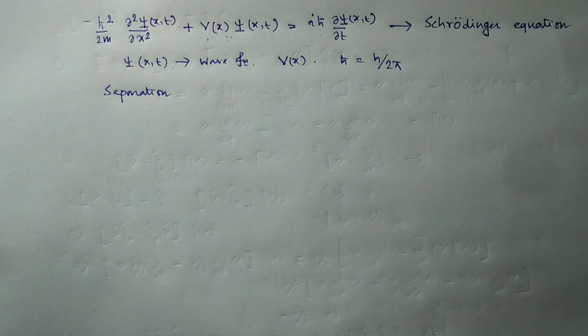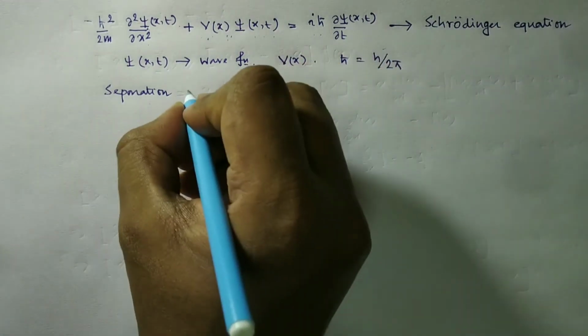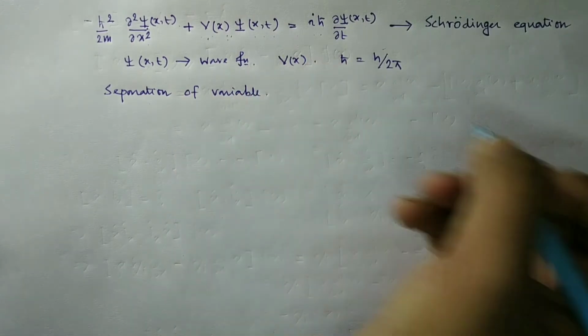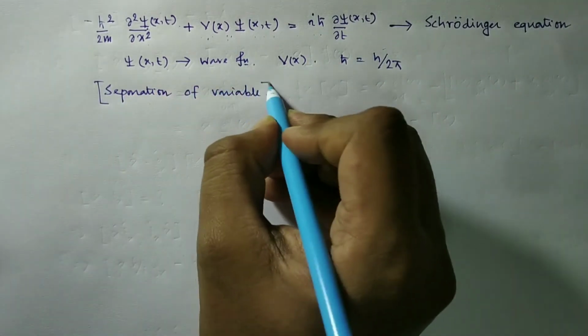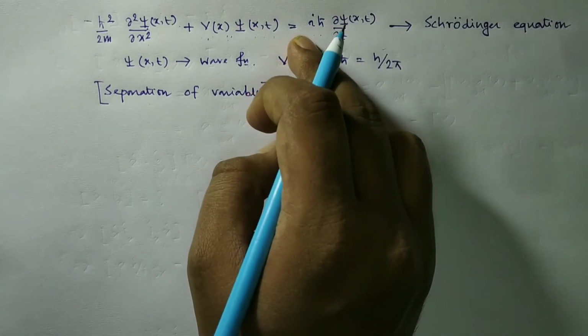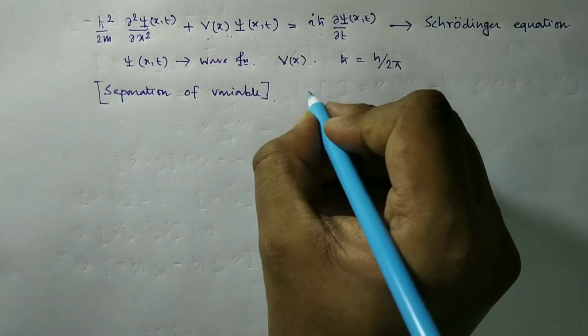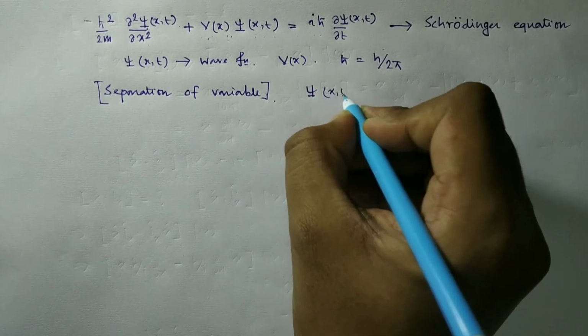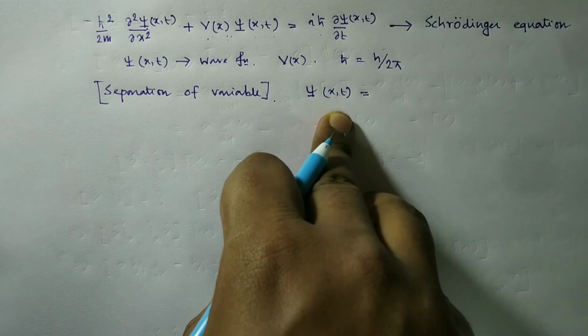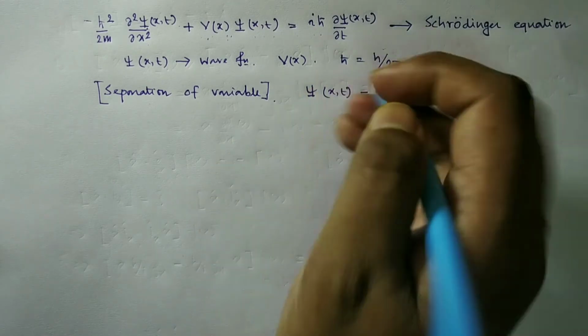Separation of variables. To treat this partial differential equation, as we have seen that Ψ(x,t) is a function of both position and time, let us assume it is uppercase Ψ.